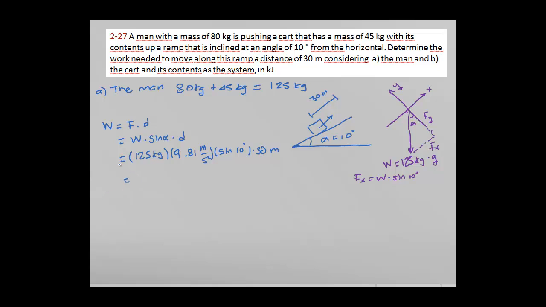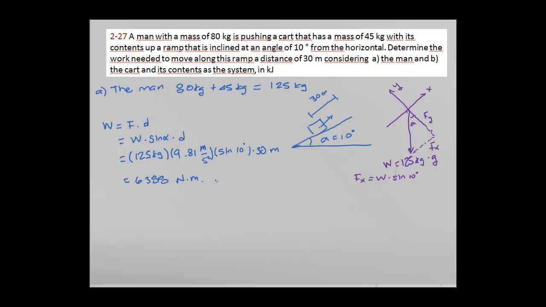So the work that we are going to find is 6,388. Let's see our units. Kilogram meter per square second is Newton. Distance is meter. So this is joule, right? We have 6,388 joules.